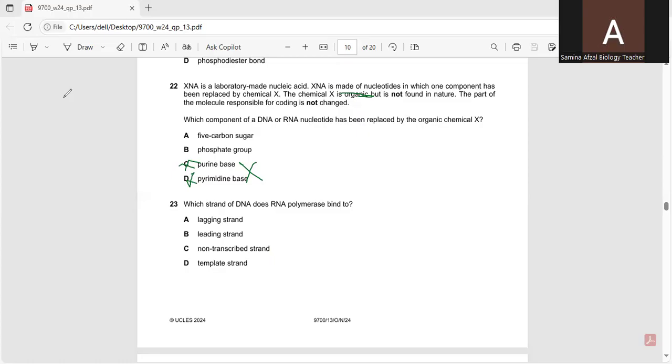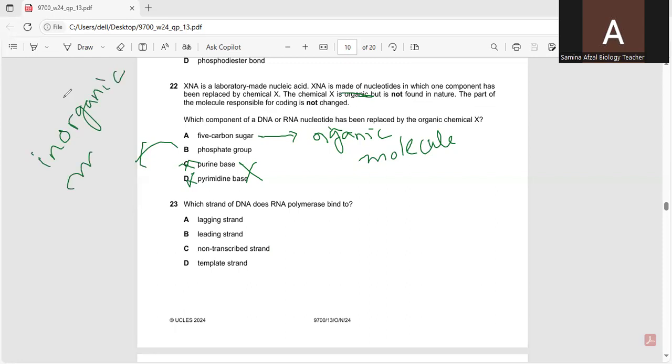Now two are left behind. 5 carbon sugar, which is an organic molecule, and phosphate group is an inorganic molecule. So it means A is the correct option. A is the correct option.